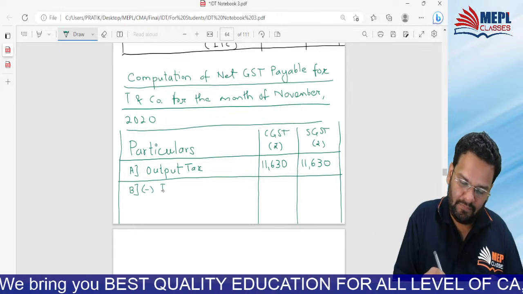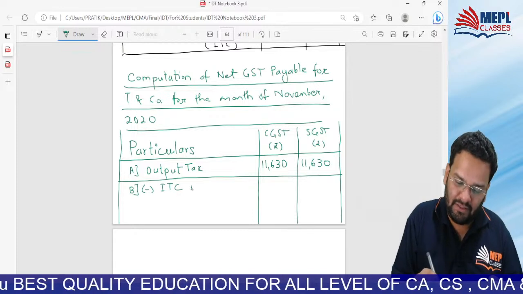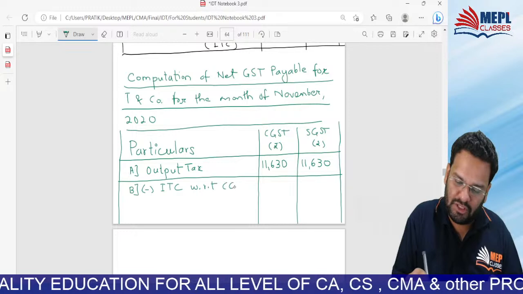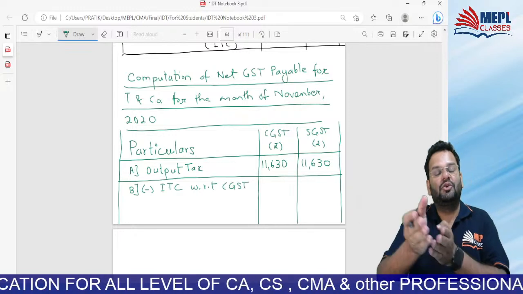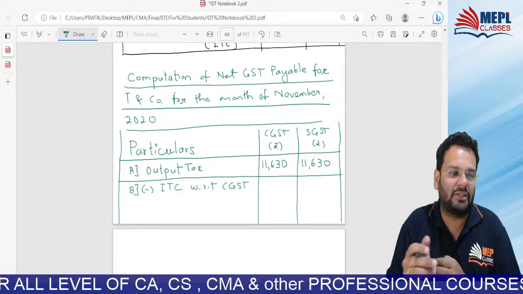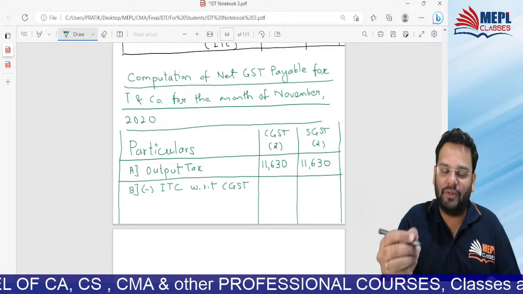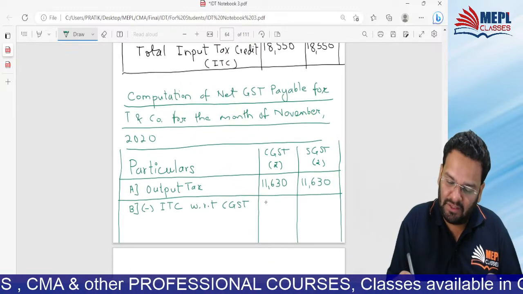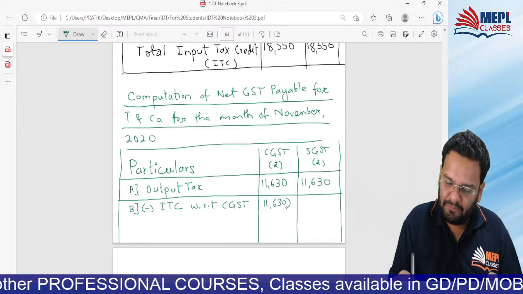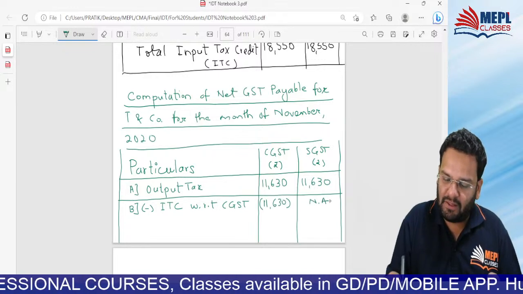Less input tax credit with respect to CGST. So of course, use ITC of CGST to pay output tax of CGST. So that's going to be 11,630. Use it completely. Here it is not applicable.